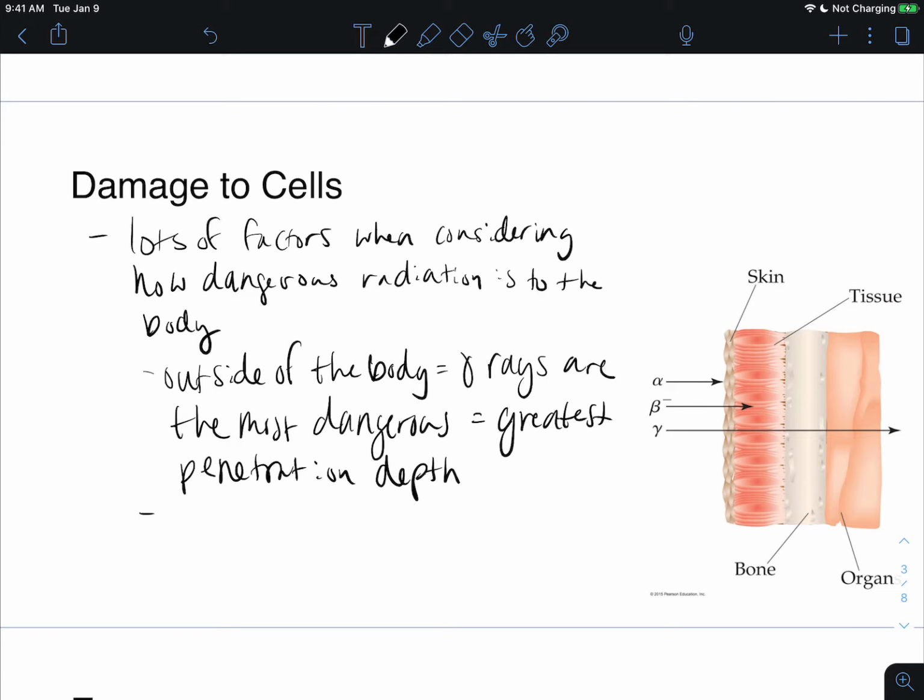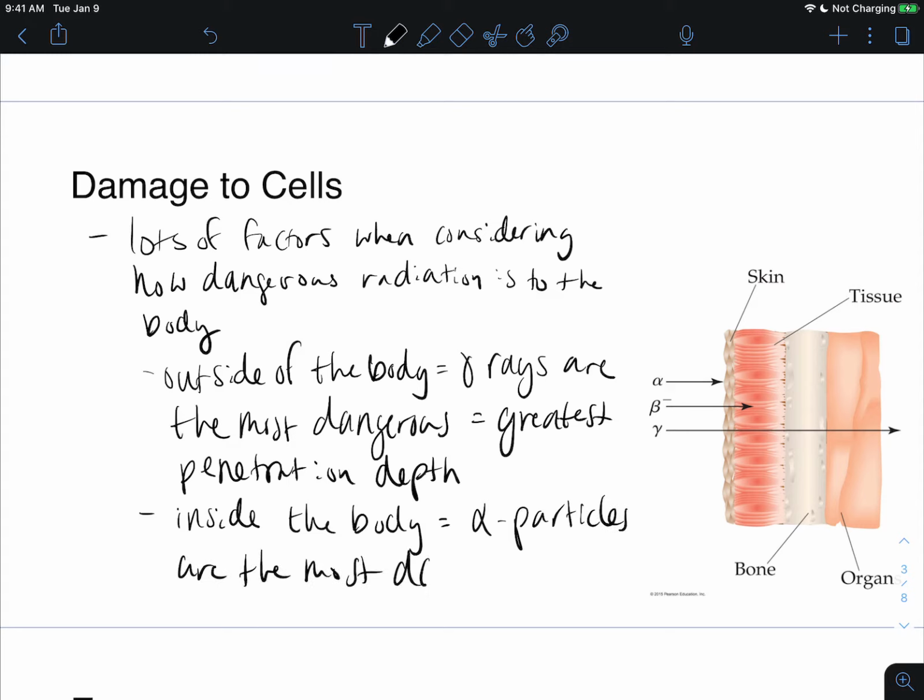However, if, for instance, you open your mouth, the most damaging once it gets into your body is going to be alpha radiation, because they are the most ionizing.